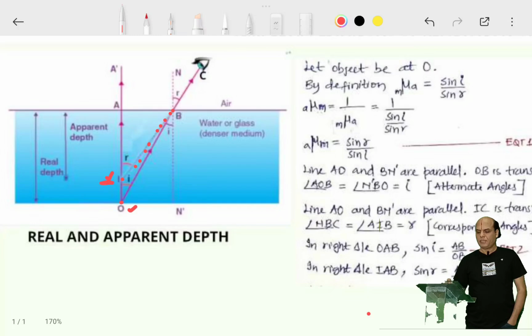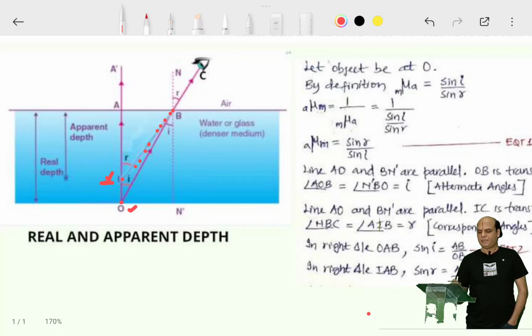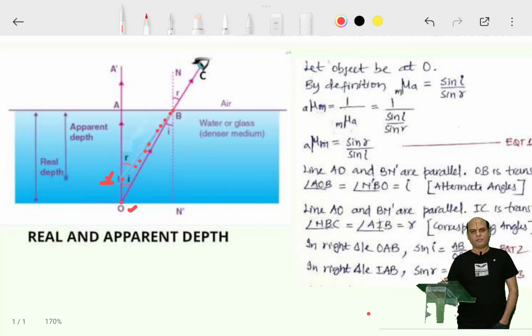So for the observer, an image is formed at point I. So for the observer, the object lies at a depth AI, whereas its actual depth is AO. So AI would be the apparent depth and AO would be the real depth.